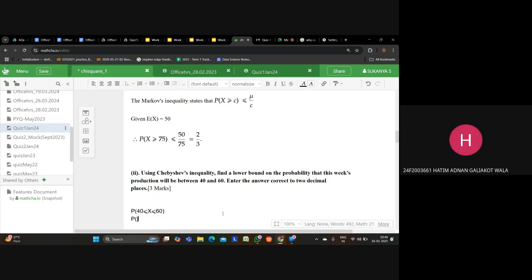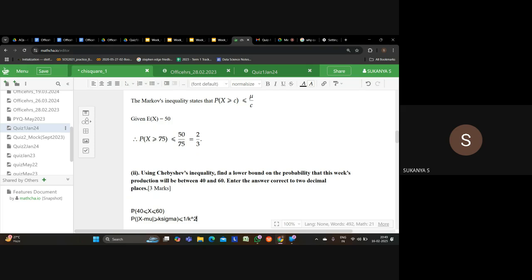P of modulus x minus mu should be greater than or equal to k sigma, that should be smaller than or equal to 1 by k square. Yes, this is the Chebyshev inequality.